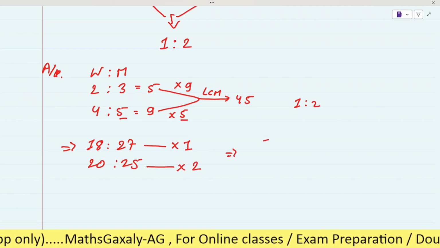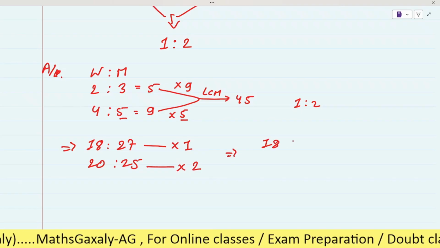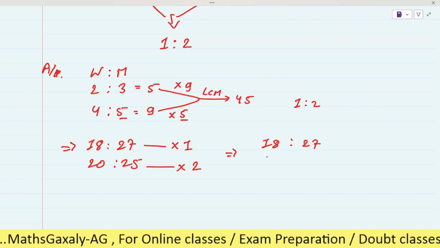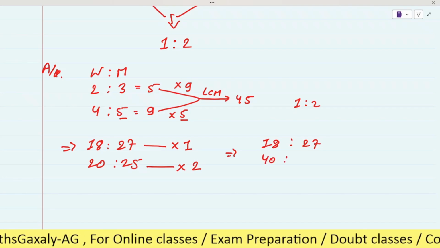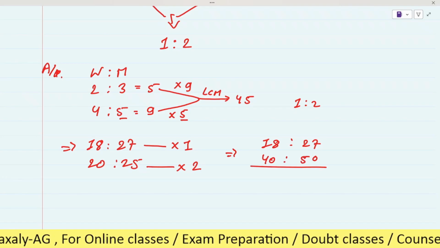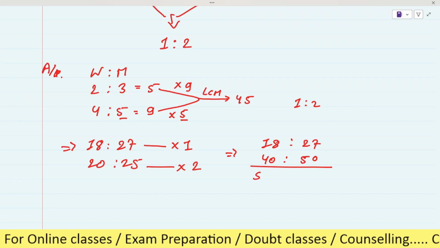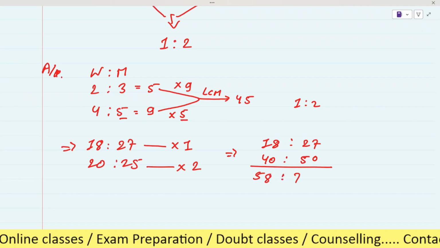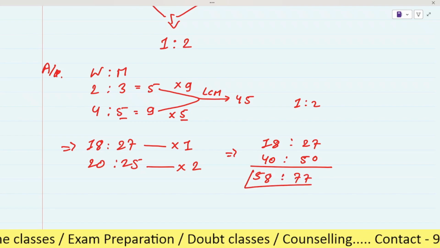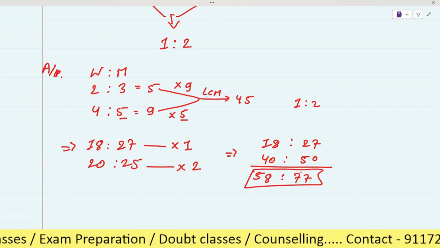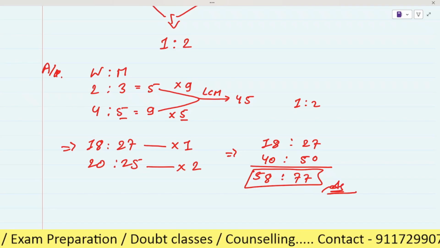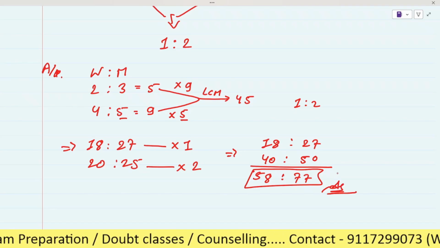So the new quantities we will get are 18 is to 27 and 40 is to 50. Now we are adding them. It will be 58 is to 77, and this will be the new ratio, and this will be the answer. So like this you have to solve it.